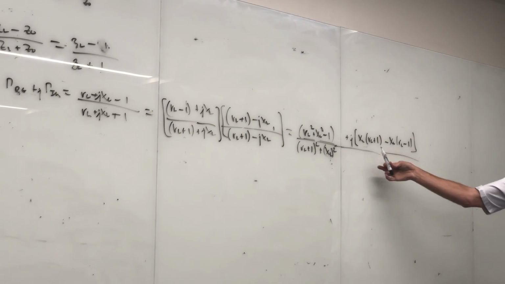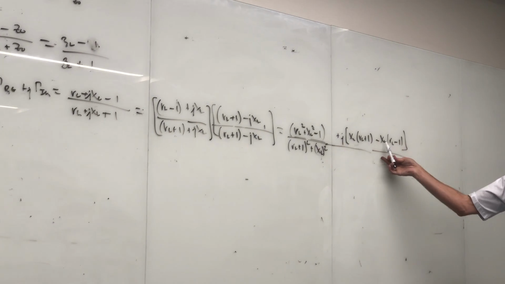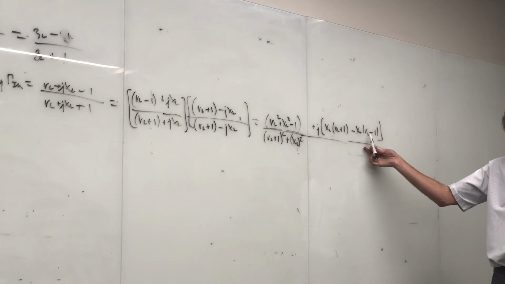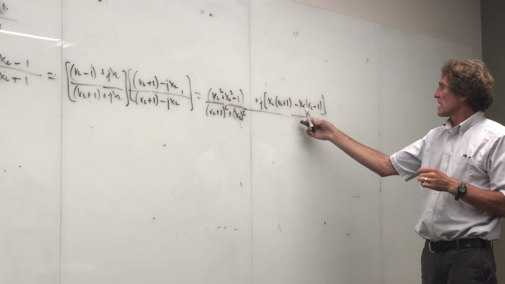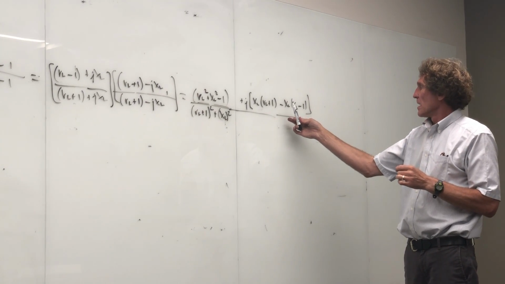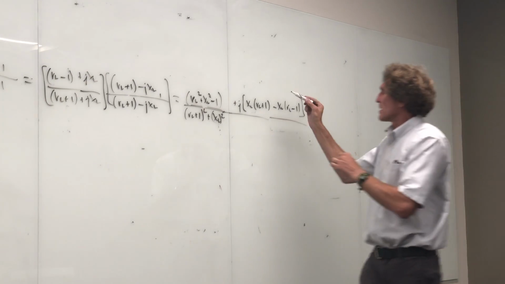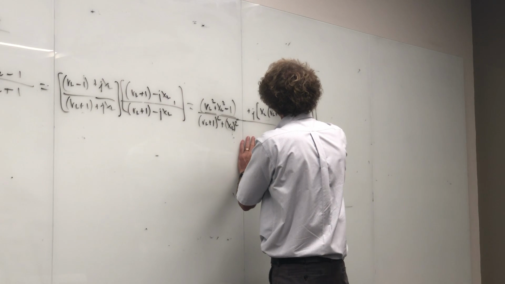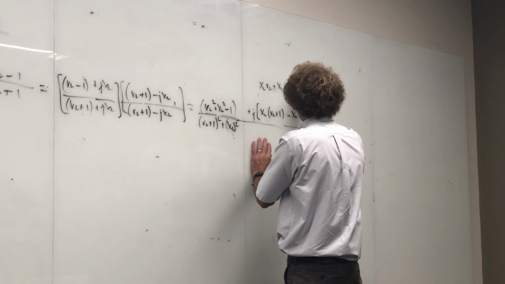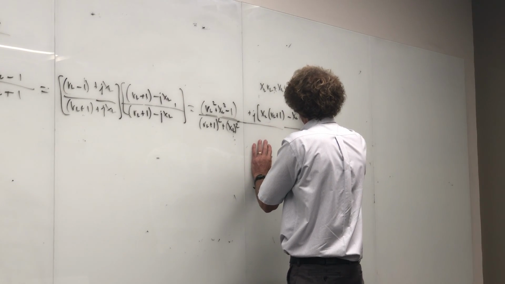Now look here. I have X_L R_L minus X_L R_L. That goes away. Do you agree? Right? And then I have X_L times 1, and, well, let me actually break this out. This is going to be X_L R_L plus X_L minus X_L R_L, right?